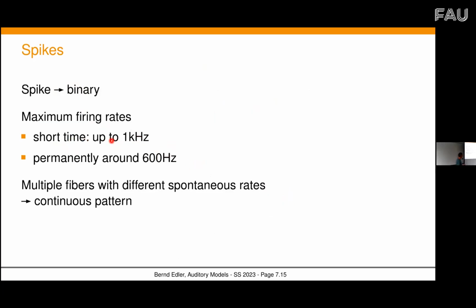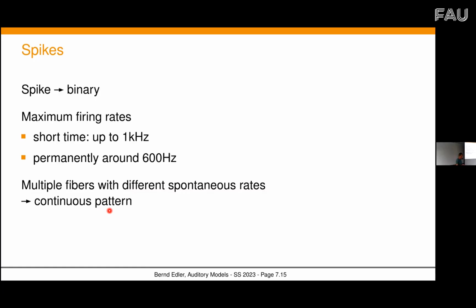That means 1,000 spikes per second. And permanently the limit is around 600 spikes per second. And since we have multiple fibers with different spontaneous rates, there is kind of a continuous pattern connecting the sound pressure level and this total spike rate.